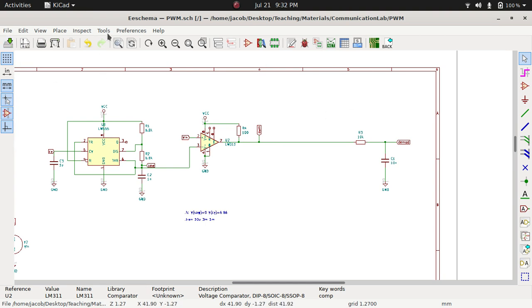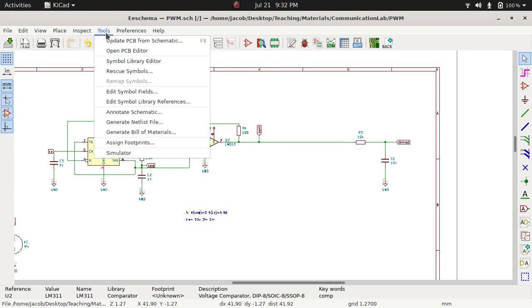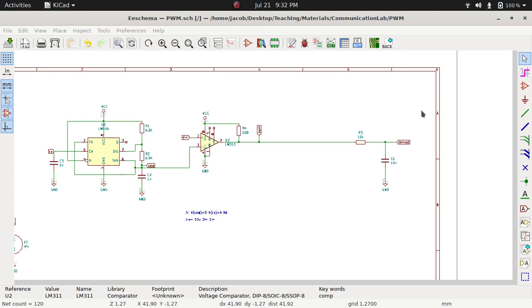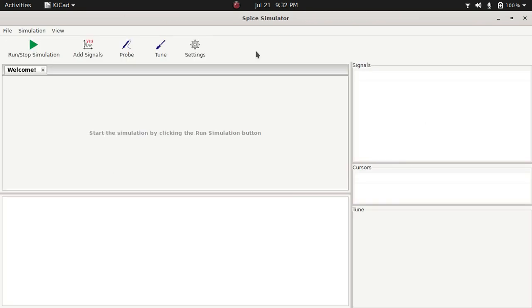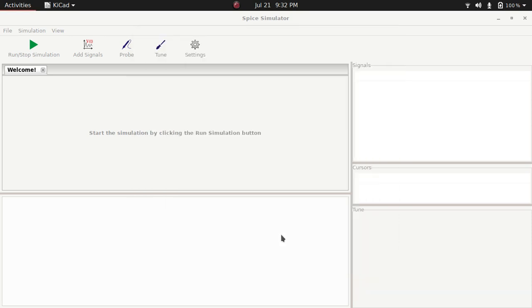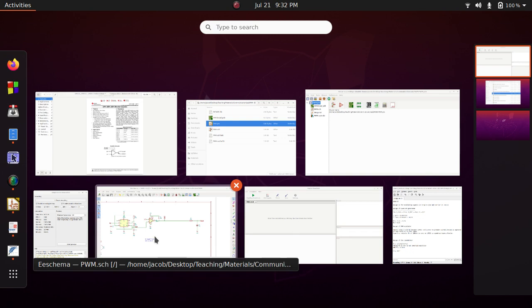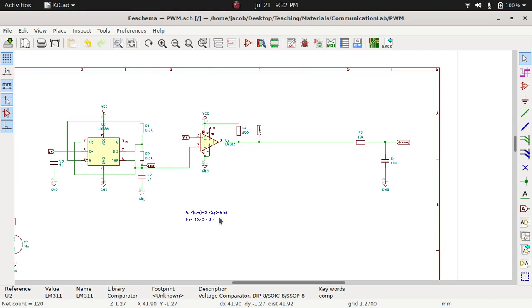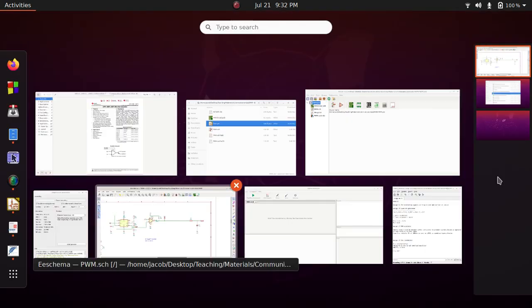Okay, so tools, simulator, and if I take the settings, the transient analysis is already set up with the parameters that I have provided in the .tran simulator directive here. Using this specification, it has already populated.